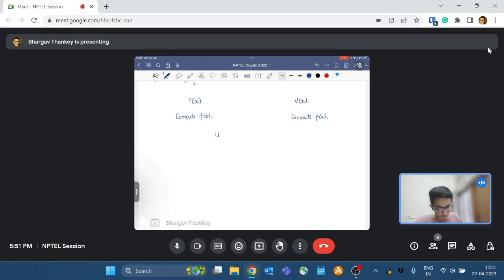So now what we are going to do is use the ZK proof to prove that f(x) is in 3-colorable.